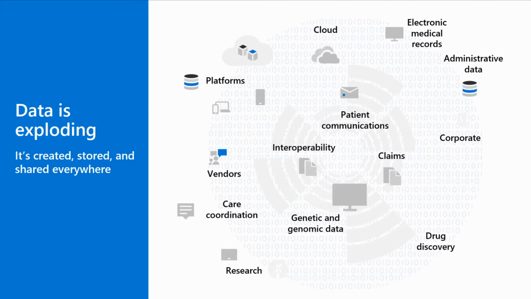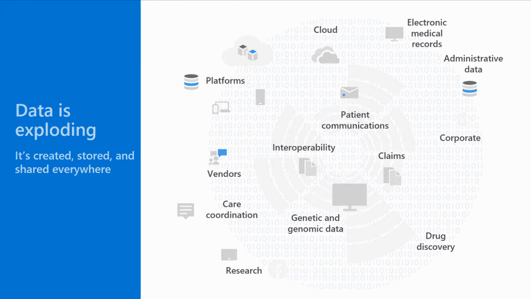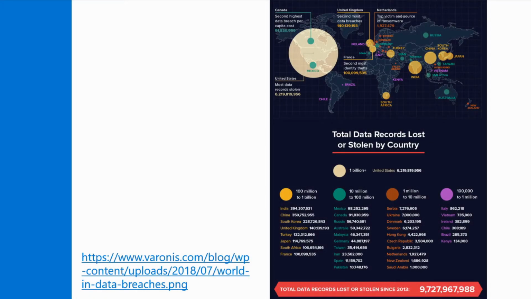There are other issues with losing privacy-sensitive or other sensitive material. For example, you might lose your intellectual property. So there are a lot of reasons to look at data loss prevention because, again, there are so many different options people have to really share that data. Looking at a little study that was done in 2018, the total data records lost or stolen since 2013 is a staggering nearly 10 billion.